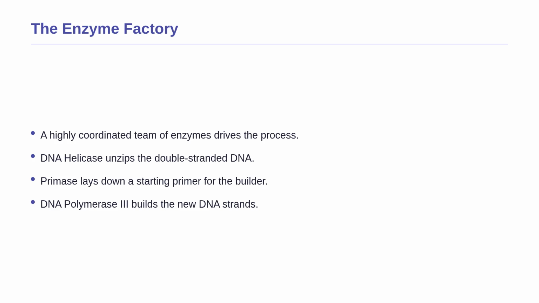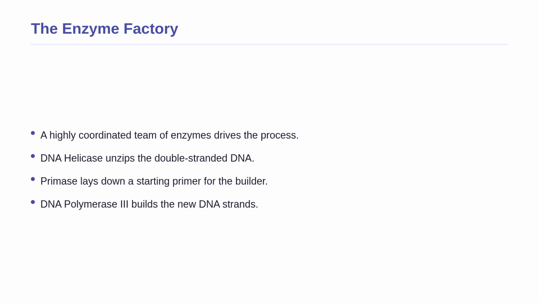To manage this complex, semi-discontinuous copying process, the cell relies on a highly coordinated team of enzymes. You can think of these enzymes as workers in a microscopic factory, each with a very specific job. First, DNA helicase acts as the unzipper, separating the two original DNA strands so they can be read.